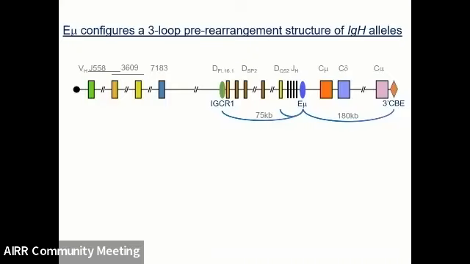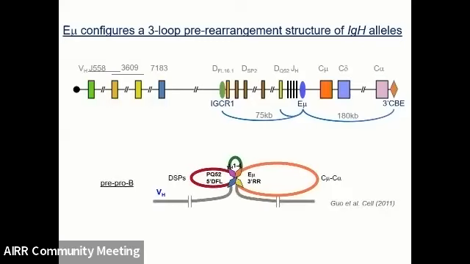It also interacts with the 3' CBEs located about 200 kilobases away, and an inferred small loop in which the enhancer talks to the promoter associated with the 3' most D gene segment. We imagine that this looks something like this, which is why I call it a 3-loop configuration.